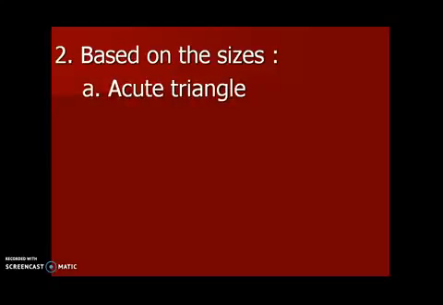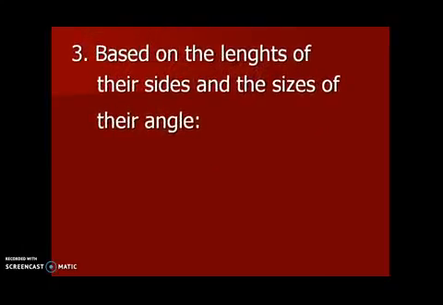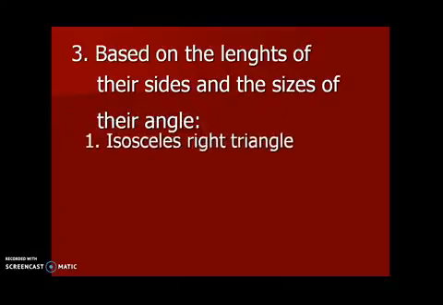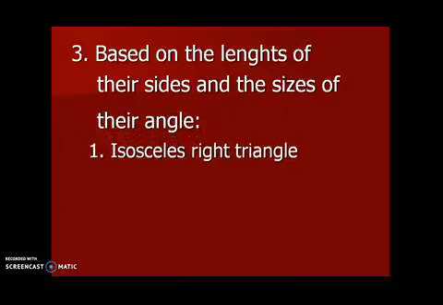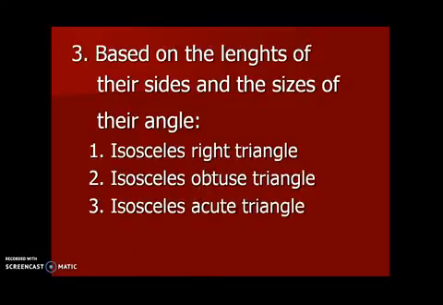Based on the angles are acute triangle, obtuse triangle, and right triangle. And the last, based on the length of the sides and the size of the angles, are the first, isosceles right triangle; number two, isosceles obtuse triangle; and the last, isosceles acute triangle.